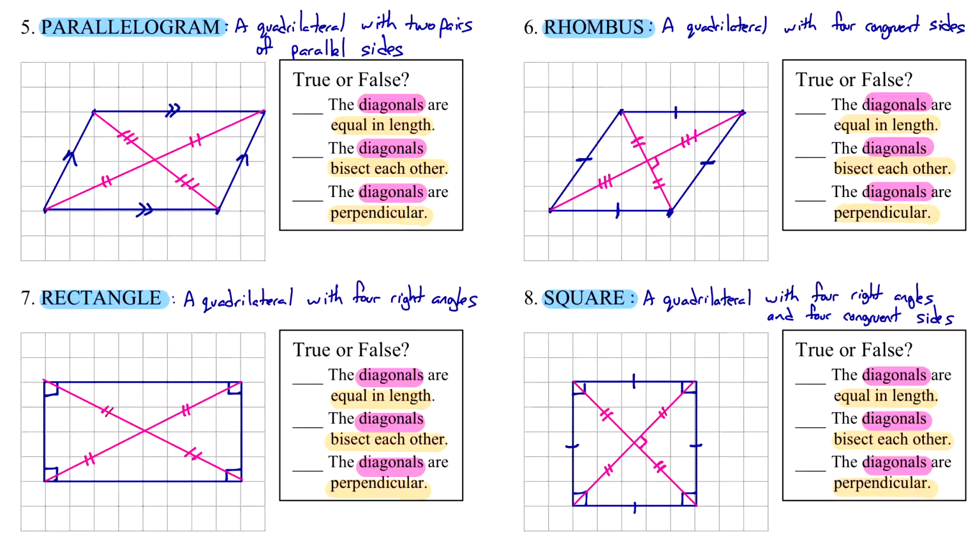So make a note of the tick marks that I put on the diagonals. Those are kind of big hints as to how to answer the true and false questions. So I think I've pretty much given you the answers in the picture.